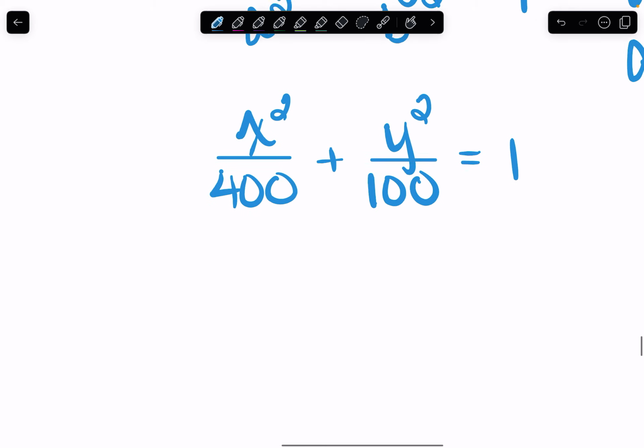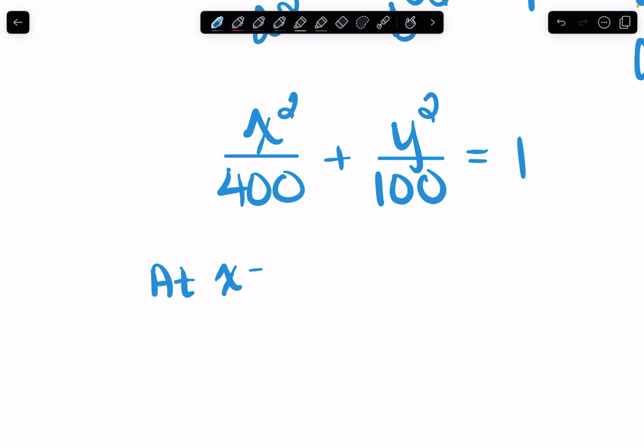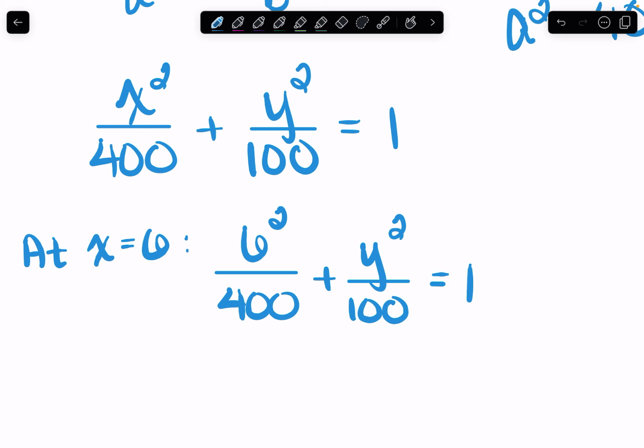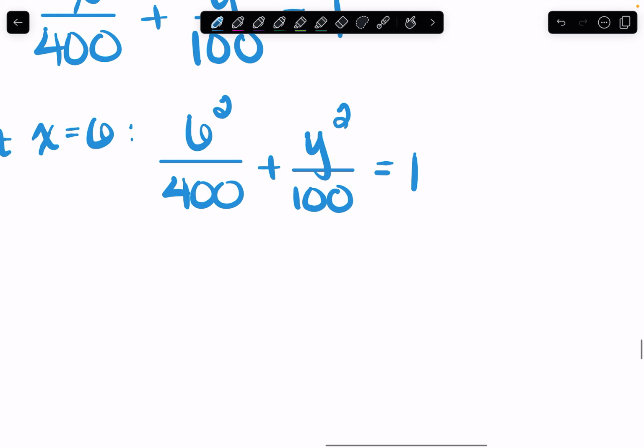All right, so at x equals 6, we're plugging in 6. We've got 6 squared is 36. I'm going to go ahead and just reduce this fraction rather than clearing my denominator.